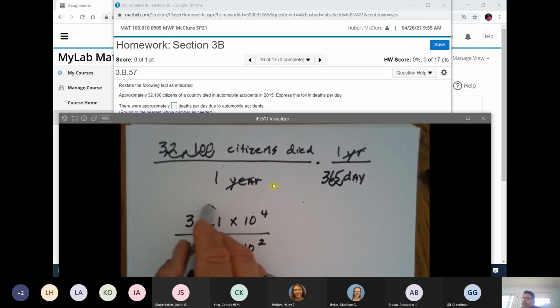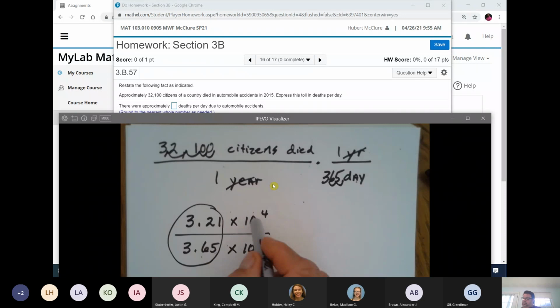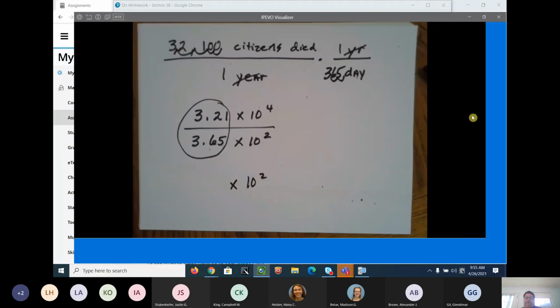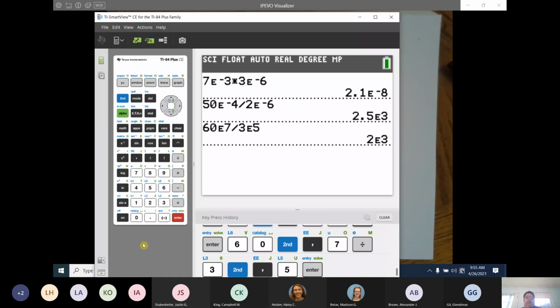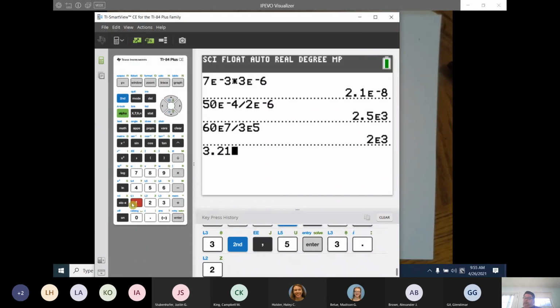This you would do in the calculator, and this would be 10 to the 2nd. Take your handy dandy calculator and do 3.21 divided by 3.65.